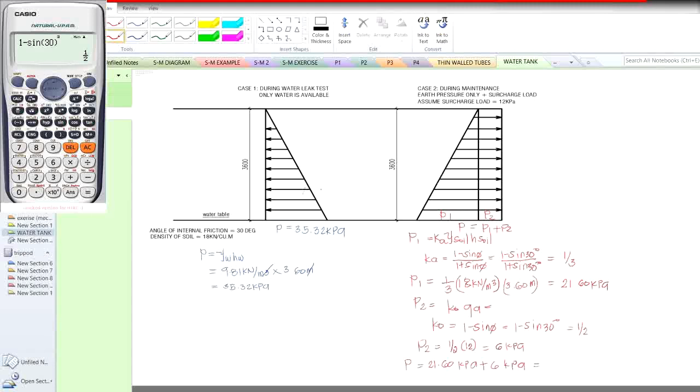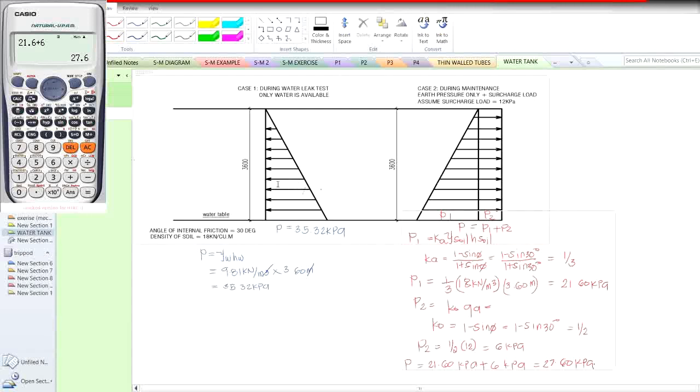That's a total of, using our calculator, 21.6 plus 6 equals 27.6 kilopascal.